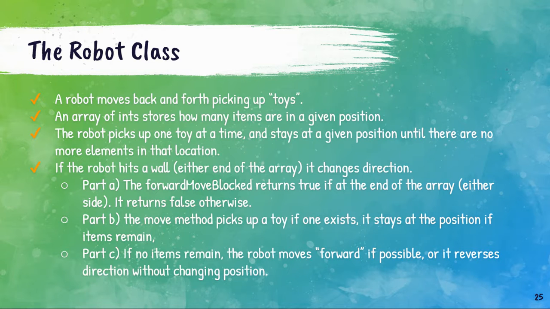Part B is to write the move method that picks up one toy at that position, stays at that position until there are no items remaining, and then it's got to do the move. And then the last thing is, I forgot the name of that method off the top of my head, as I flip through the actual question. And not seeing it.